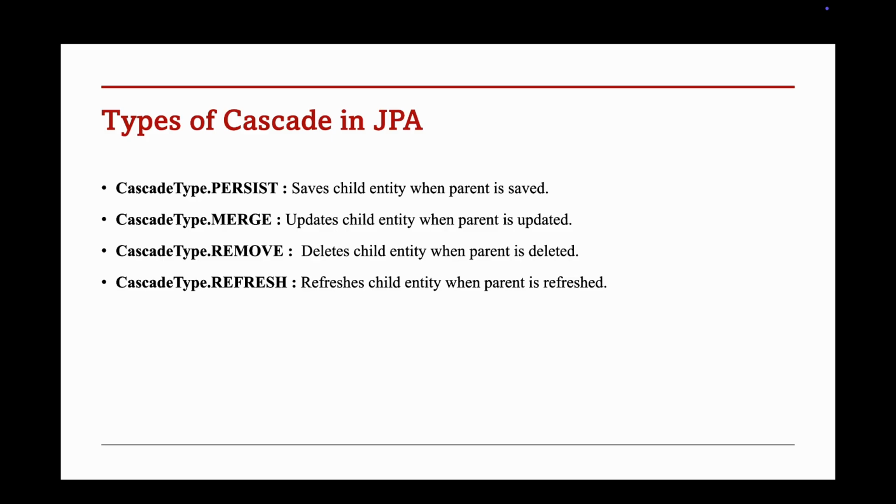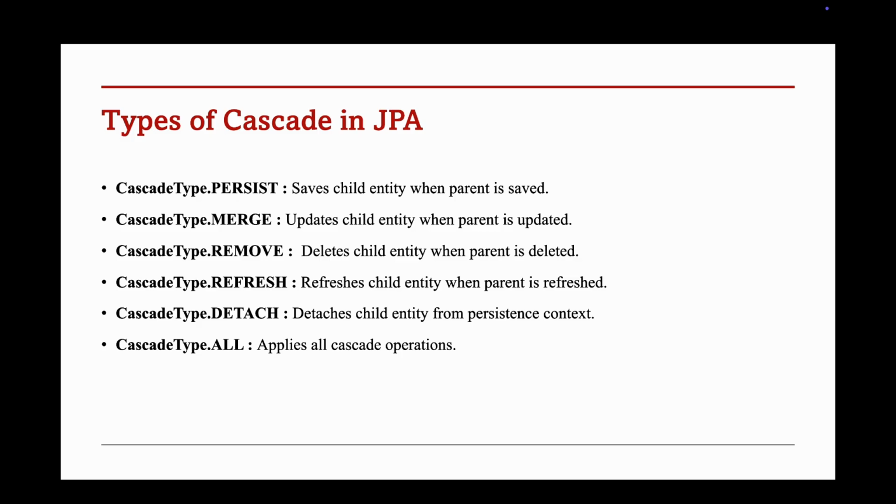CascadeType.refresh. If you refresh the parent entity from the database, the child entity will also be refreshed. CascadeType.detach. If you detach the parent entity from the persistence context, the child entity is also detached. CascadeType.all.